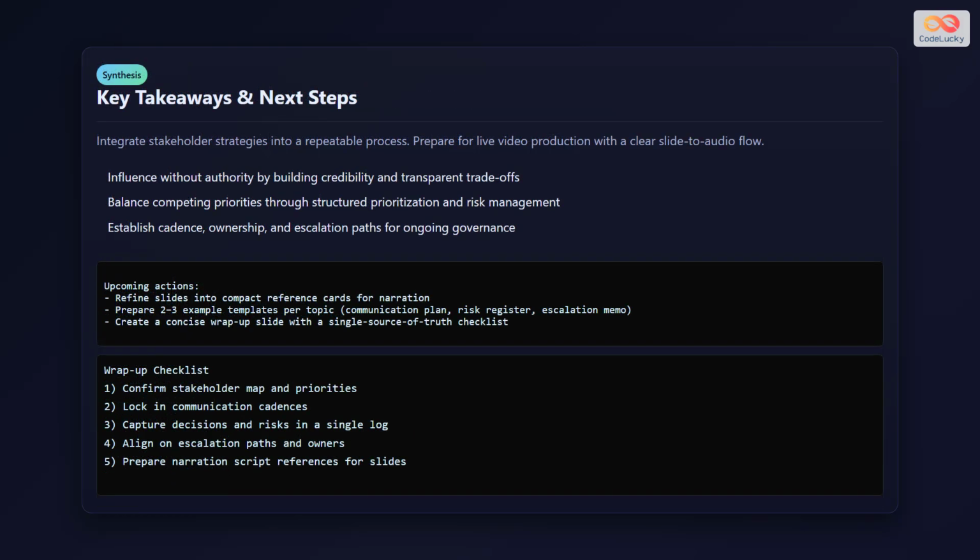Let's recap the essential principles. Influence without authority by building credibility and showing transparent trade-offs. Balance competing priorities through structured prioritization and risk management. Establish regular communication cadences, clear ownership, and defined escalation paths. These practices create a foundation for effective stakeholder governance.